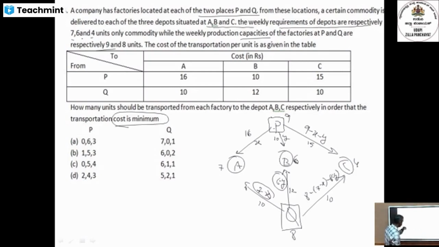So now what happens is that x should be greater than or equal to 0, because 7 minus x should be greater than or equal to 0.